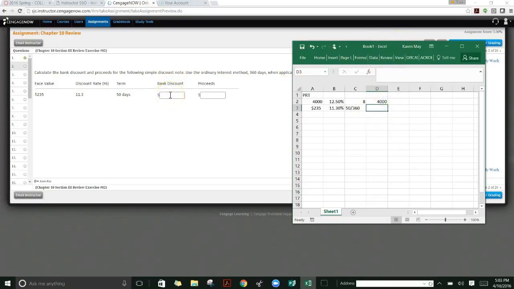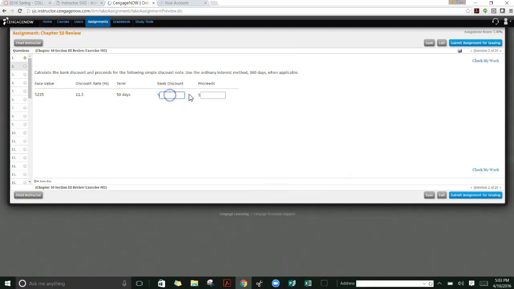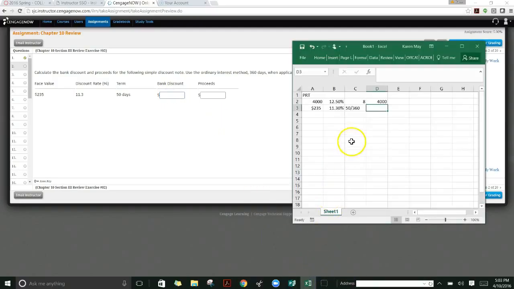Okay, so we'd first calculate the discount. Equals 235 times the 11.3% times 50 over 360.